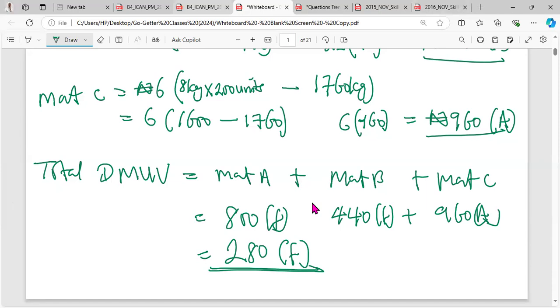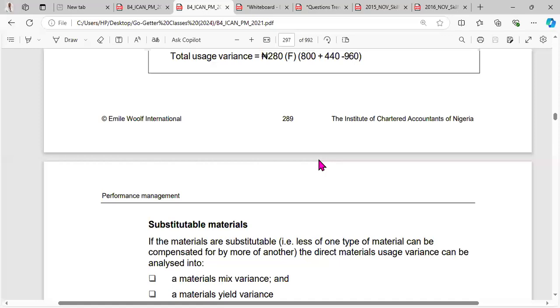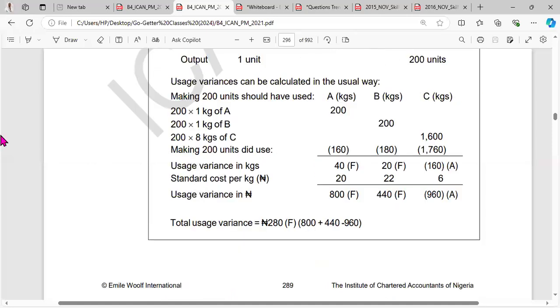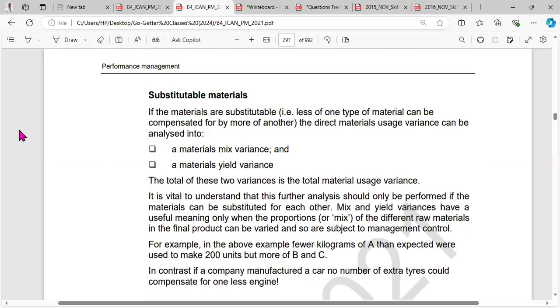Right? Now, this is what we can get in usage variances. Look at substitute materials. If the materials are substitutable, that is, less of one type of material can be compensated for by more of another.